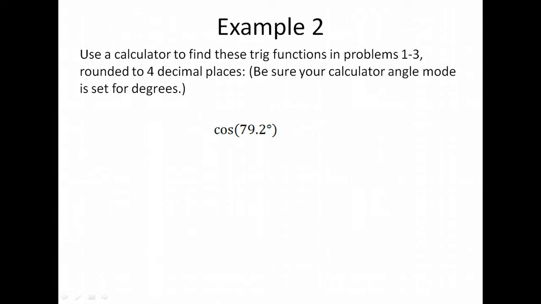So you press the cosine key, enter the 79.2, close the parentheses, press enter, you get 0.1874. Okay, example 3, they want us to find the tangent of 51. Okay, so tan 51 comes out to approximately 1.2349.